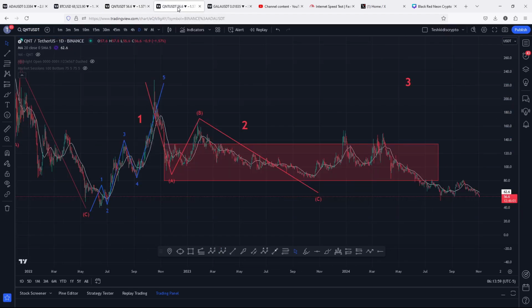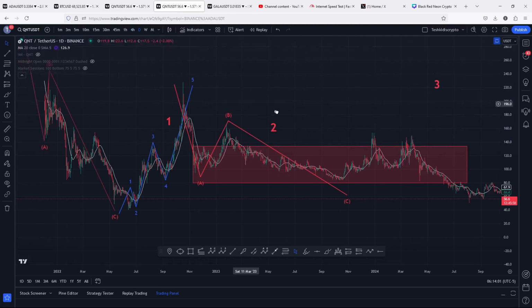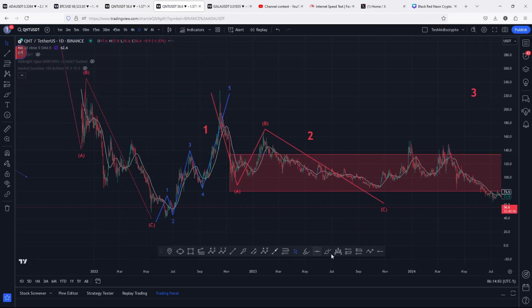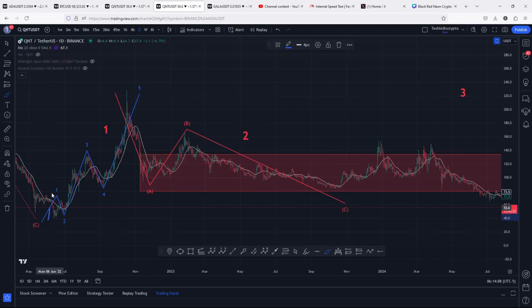And that is better explained using the daily chart, where you can see that from the bear market lows we saw a very nice bounce to the upside, and we peaked in a 5-wave structure over here, in a move that gave us a high above the $229, completing the formation of these additive count 1.